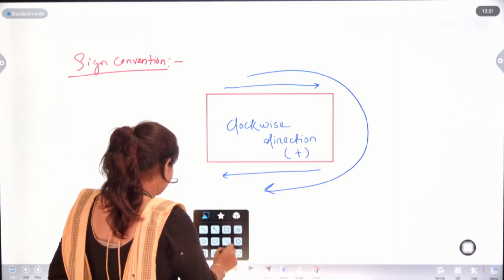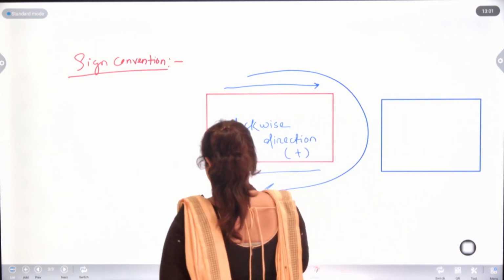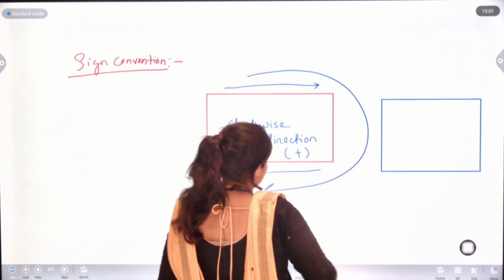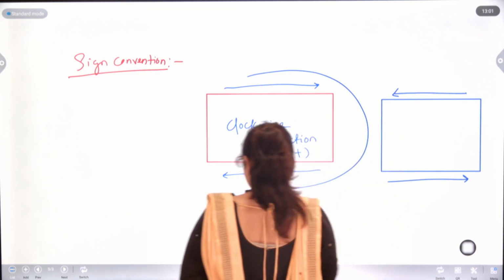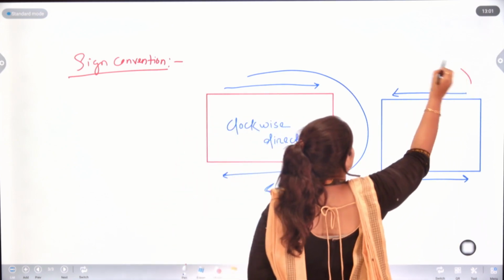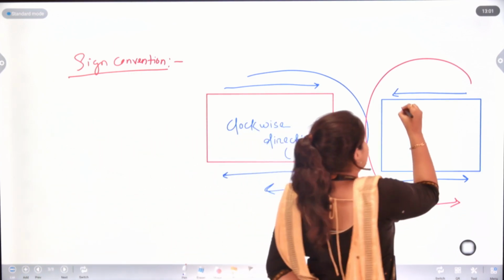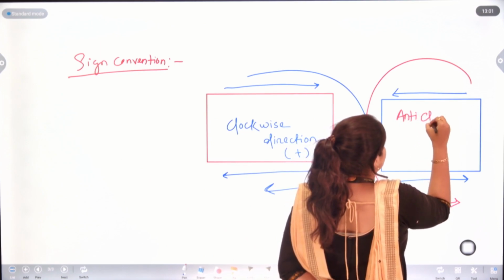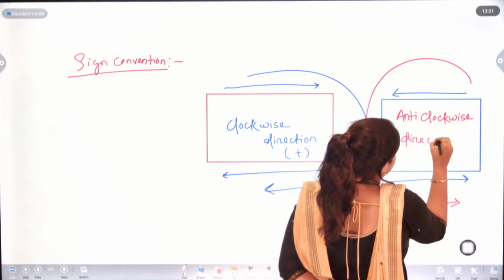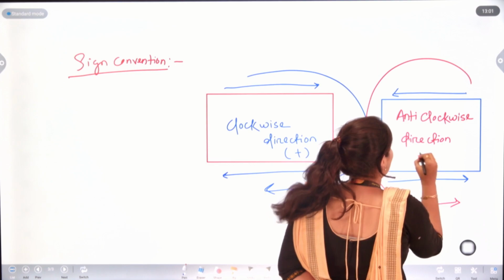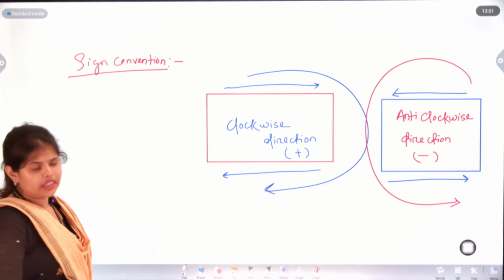And another thing, here, if the shear stress acting is like this, in this direction, this will be our anti-clockwise direction, that is always negative. Remember.